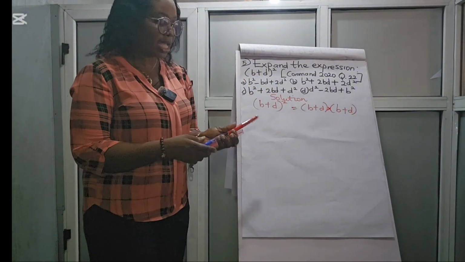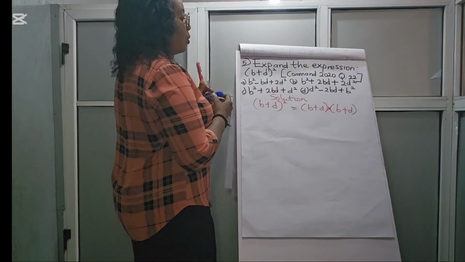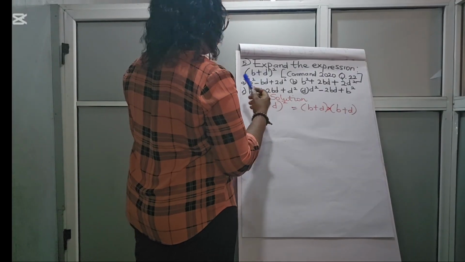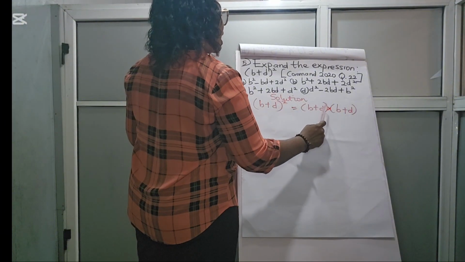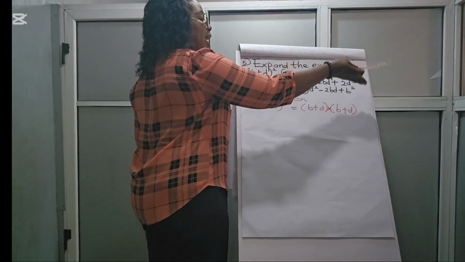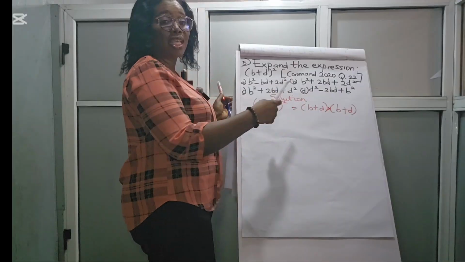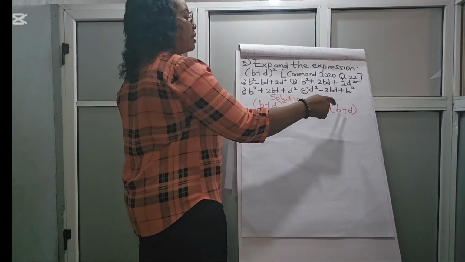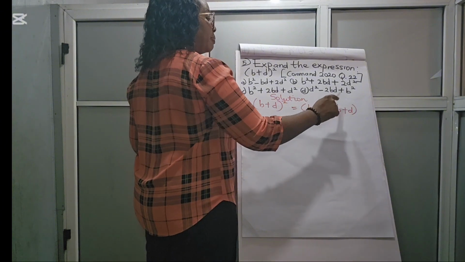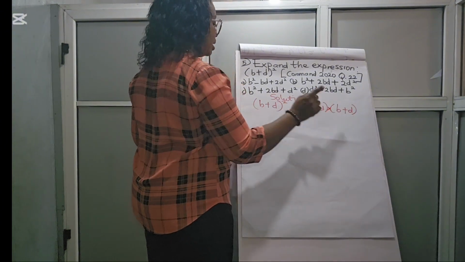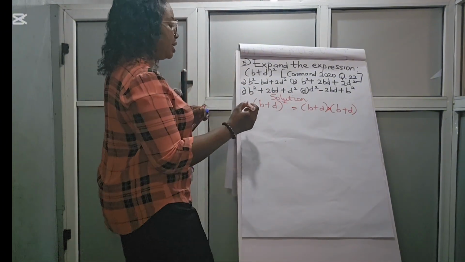In opening a bracket, or in expanding, we're going to simply do this. B will multiply everything in this bracket. So we're going to take it one by one. B will multiply B and B will multiply D, then D multiplies B and D multiplies D. This is exactly what I mean.